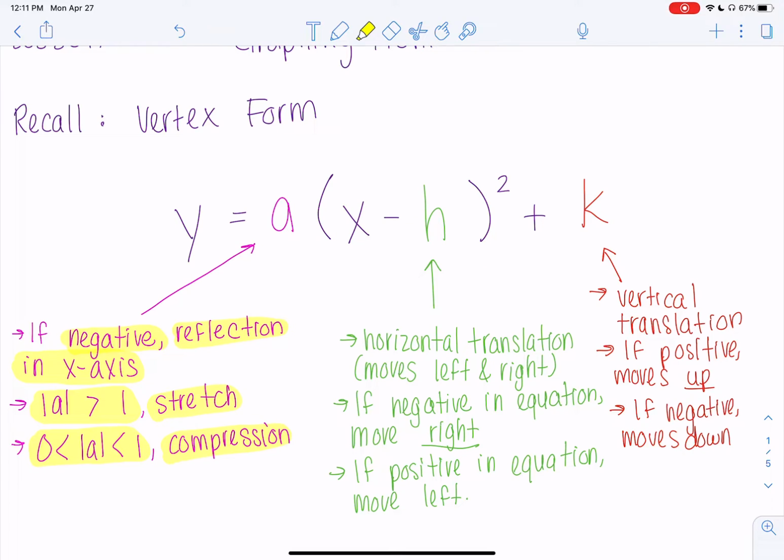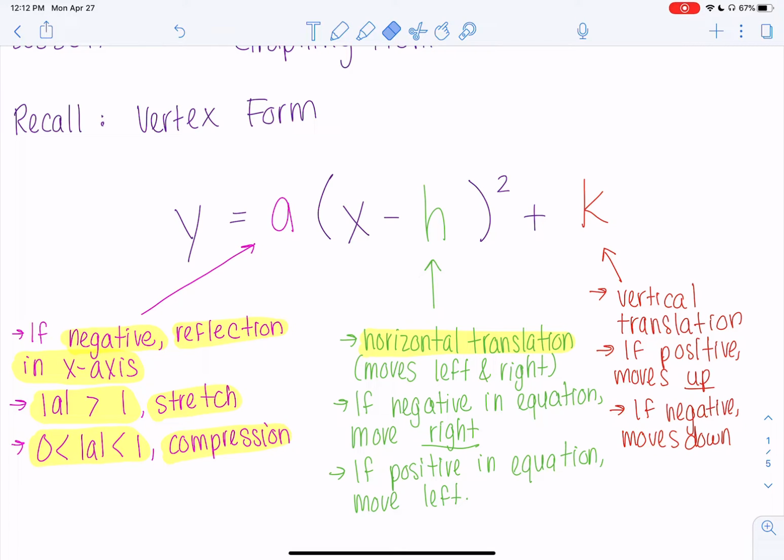Next, we have our h, and our h is responsible for our horizontal translation, or moves left and right. It is helpful that it is an h, so you can remember h, horizontal, and help that stick in your brain. Now, h can be a little confusing and counterintuitive.